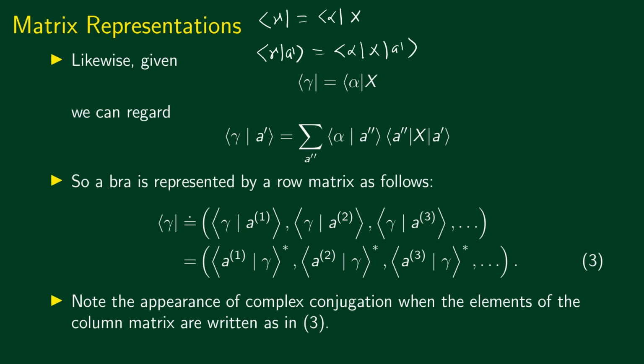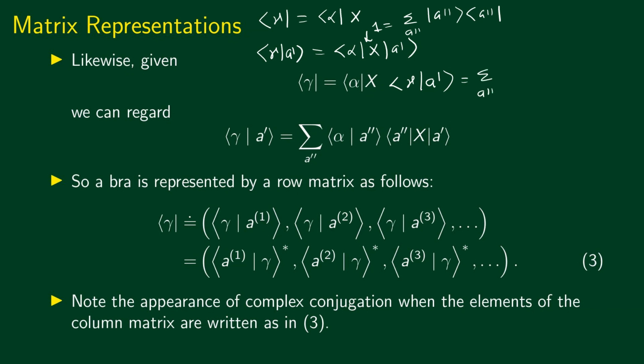Now we can bring in the matrix elements of this operator, or the matrix representation of this operator, if we introduce an identity operator here, which is written as sum over a double prime, ket a double prime, bra a double prime. So if I introduce this identity operator here, we get bra gamma ket a prime, or the bracket gamma a prime, is equal to the sum over a double prime.